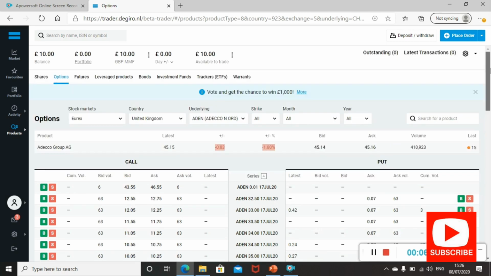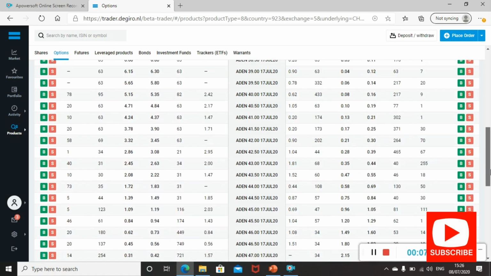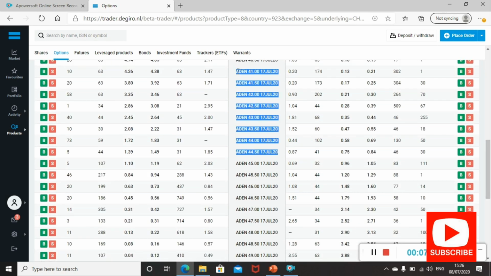So remember, our current market price is 45.15. I'm going to scroll down to the 45 region. To make this a little bit easier, let's just pretend that the share price is exactly 45. Let's round it down. If we look at the options contracts that I've highlighted here, everything that I have highlighted has a strike price lower than the current market value.